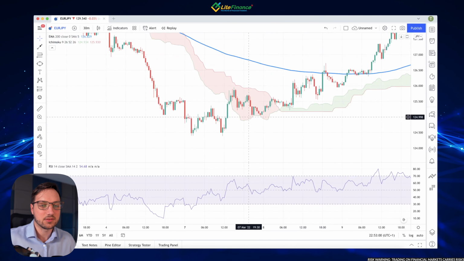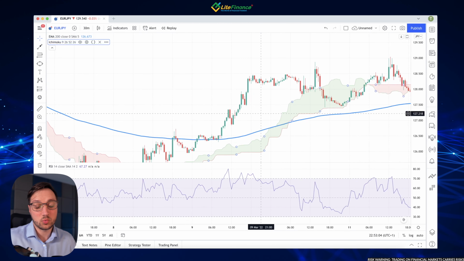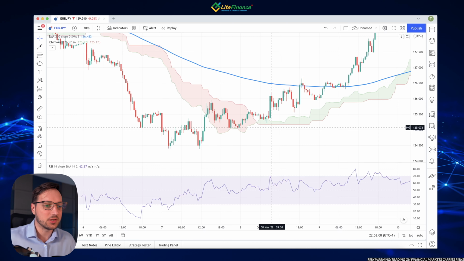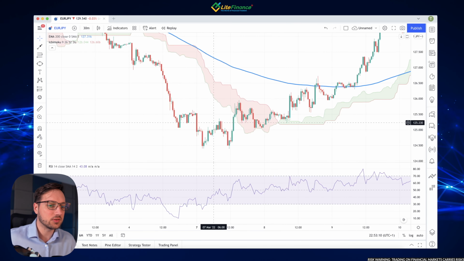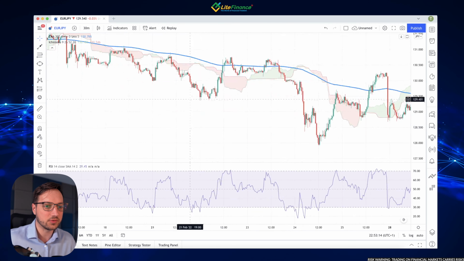So the price would make this whole movement without any of our trades. So you can see that it has its advantages over the traditional interpretation of the indicator.